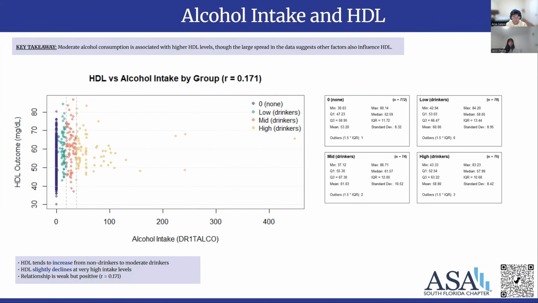And we can see this positive relationship that I mentioned before. However, we also do see that these HDL values slightly decline amongst individuals with very high alcohol intake. And this indicates that the relationship may or may not be strictly linear.